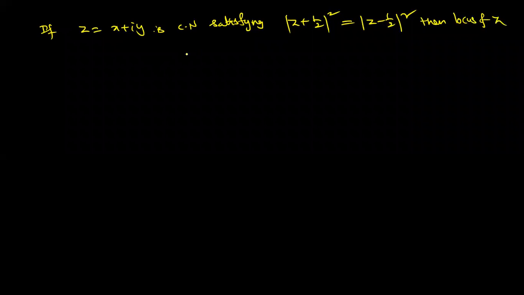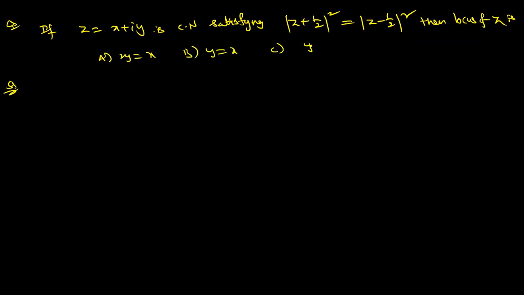That's the question. They're giving options. A: 2y is equal to x. B: y is equal to x. C: y axis. D: x axis.